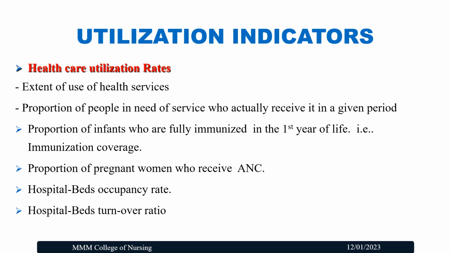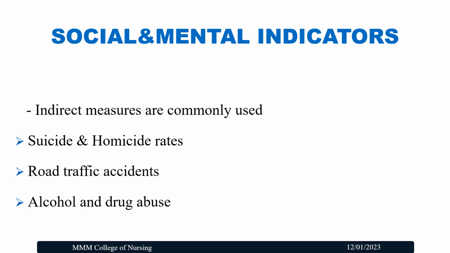The proportion of infants who are fully immunized in the first year of life, that is immunization coverage. Proportion of pregnant women who receive antenatal care, minimum 5 visits during their pregnancy. Hospital bed occupancy rate, hospital bed turnover ratio. These all come under utilization indicators.